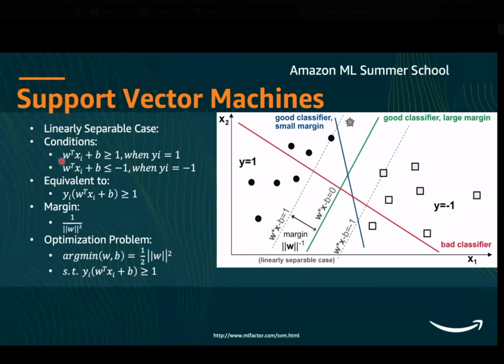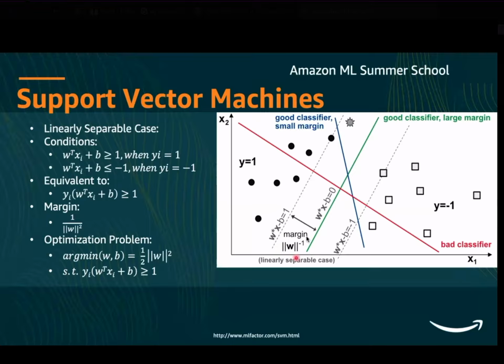You would want all the samples of class 1 to be on the right hand side of this margin, and all the samples of class -1 to be on the left hand side of this gray line. Which is equivalent to saying y(w transpose xi plus b) is greater than or equal to 1, and the margin is denoted by 1 by norm of w squared. So what you would want is to maximize the margin.